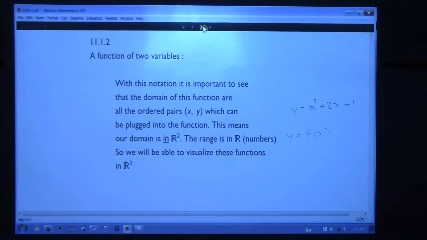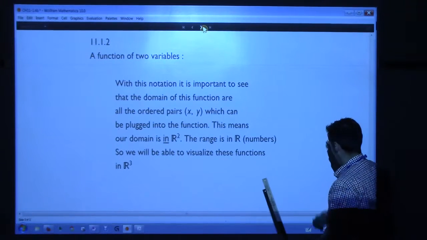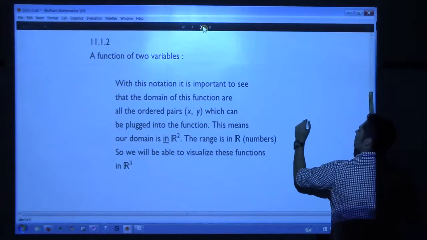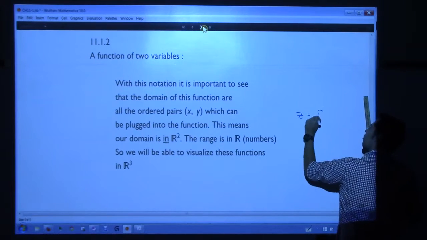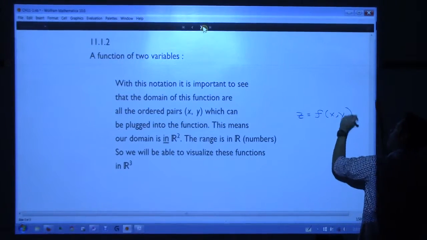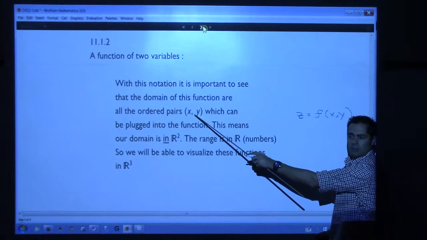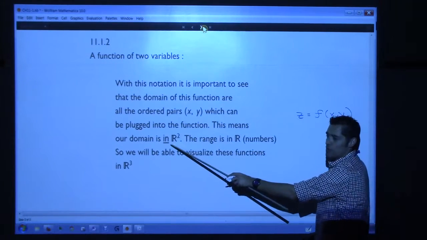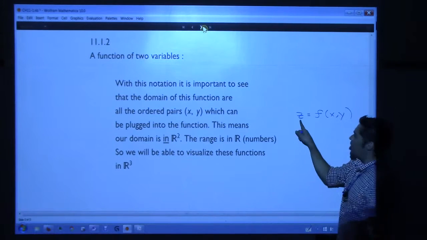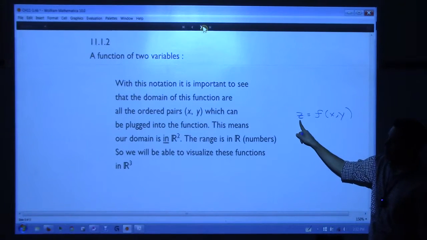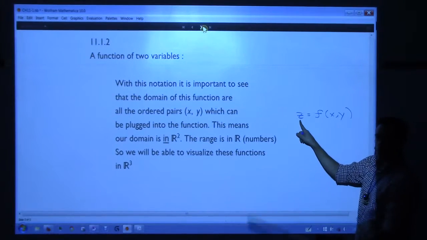With this notation in mind, z is some function of x comma y. Since I have to give you an x and a y to determine z, the input can be looked at as being a point living in two-dimensional space. The output is a single number, just a number on a number line.